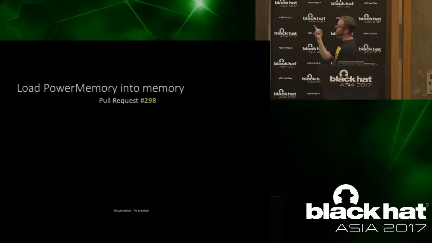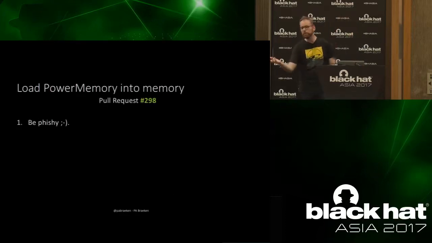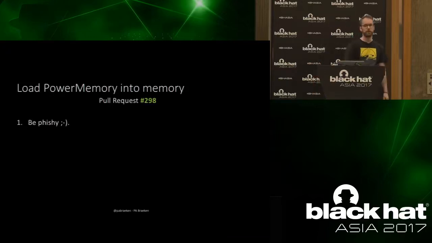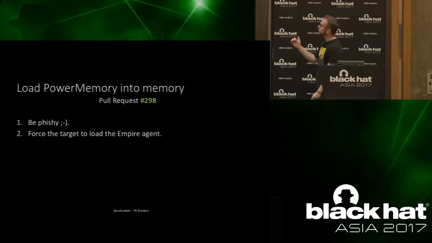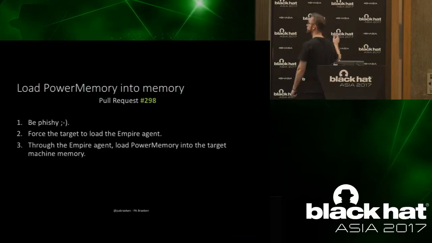So the pull request is 298, and to be able to do that, the first thing you have to do is, for example, be fishy and explain to the user you have to click on that thing, I don't know. Then the target loads the Empire agent, and through it, you load per memory into the target machine memory, so it will run in memory.